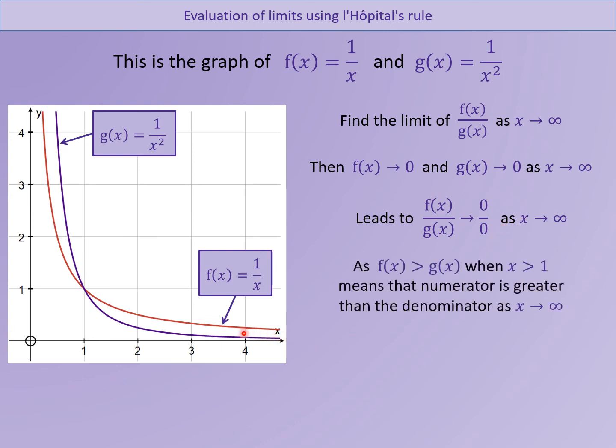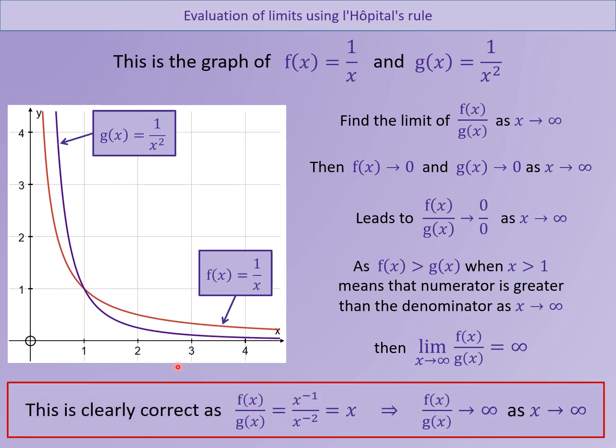What we can see is that because this graph is bigger than this graph, what happens as x tends towards infinity is actually a big number divided by a very small number. So in this case, it tends towards infinity.